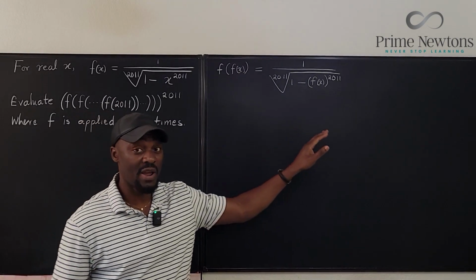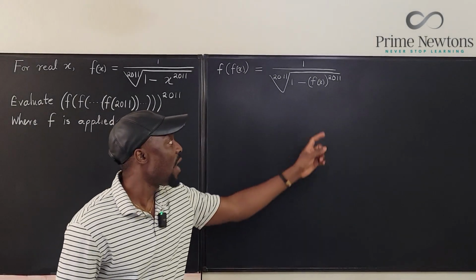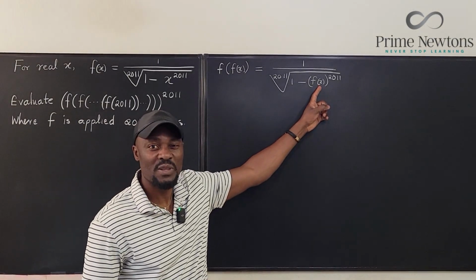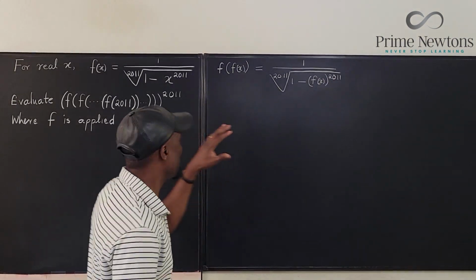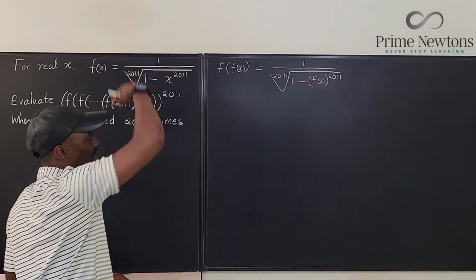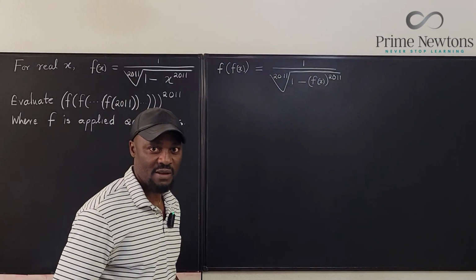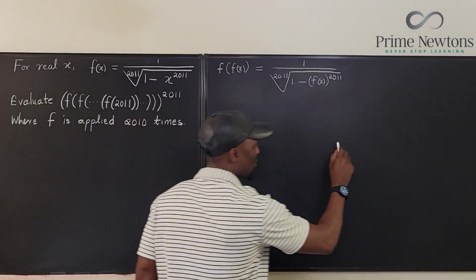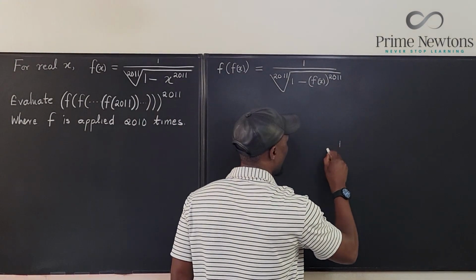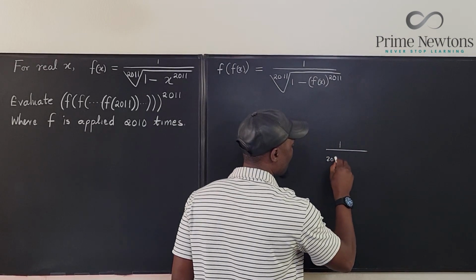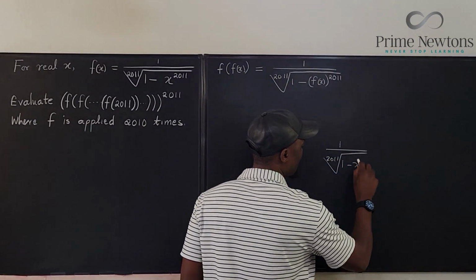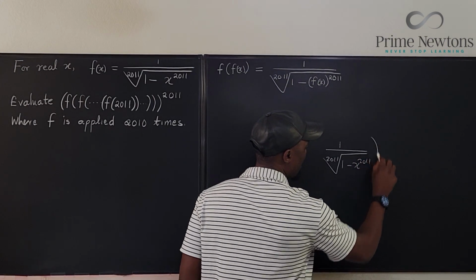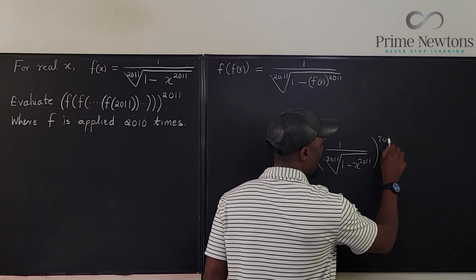This is the easier way for you to deal with it. And now you could go here and evaluate what this is. So what is f of x raised to power 2011? Let's do that on the side. It means everything here will be raised to power 2011. So we have 1 over the 2011th root of 1 minus x to the 2011, raised to power 2011.